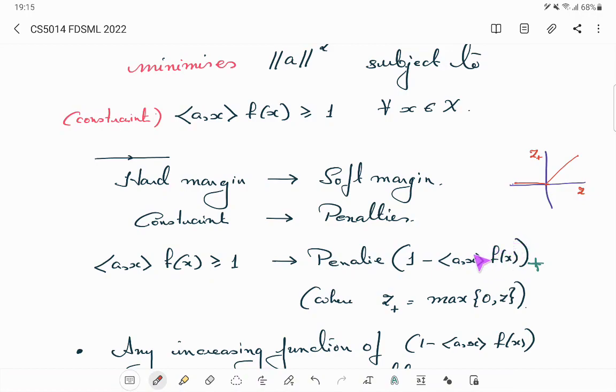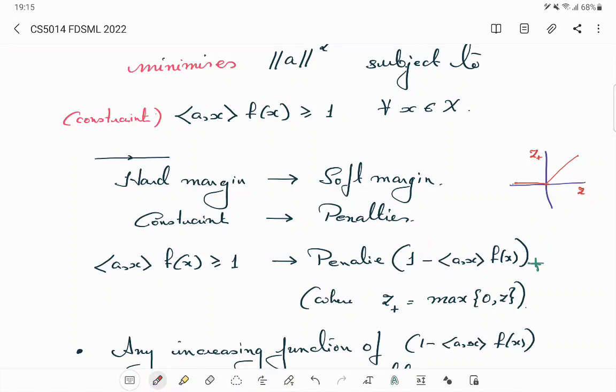So what does it do? As long as this quantity is negative, which means the inner product is greater than or equal to 1, this constraint is met. As long as this constraint is satisfied, the penalty is 0. But once you violate the constraint, you pay a penalty equal to the amount by which you violate it. And the amount by which you are less than 1 is what this is. So that is the idea.